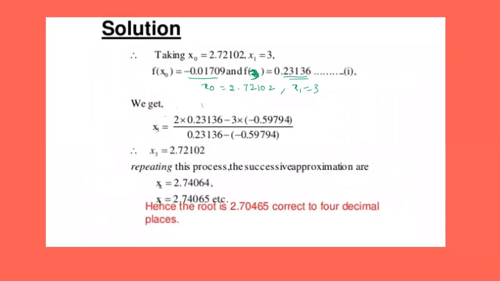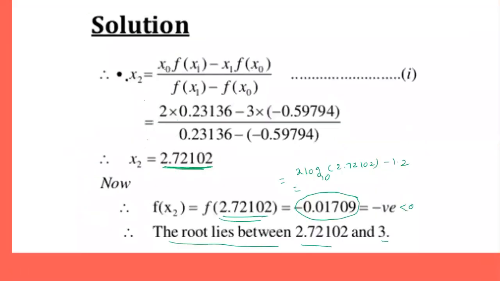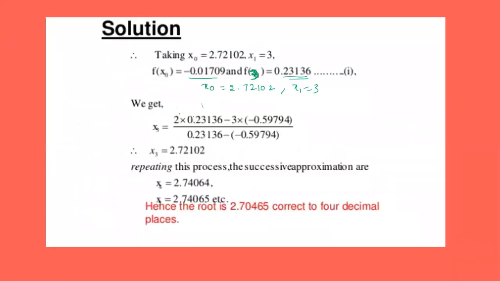So here it is 2 point, what is the value? 2.72, 2.72102 into x naught into f of x1 minus x1 into, what is f of x naught value?